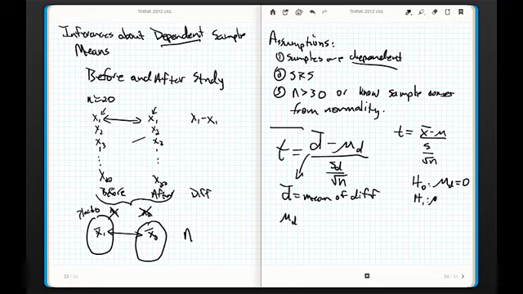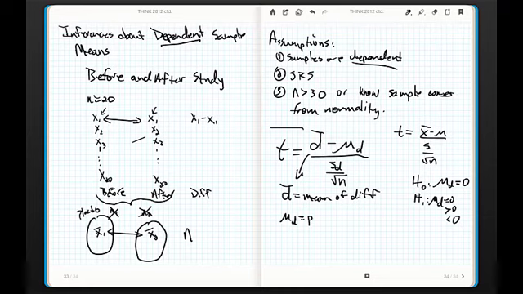This is the parameter mean of the differences, and this could be equal to 0, greater than 0, less than 0, or any other number, just like we've talked about in the past.